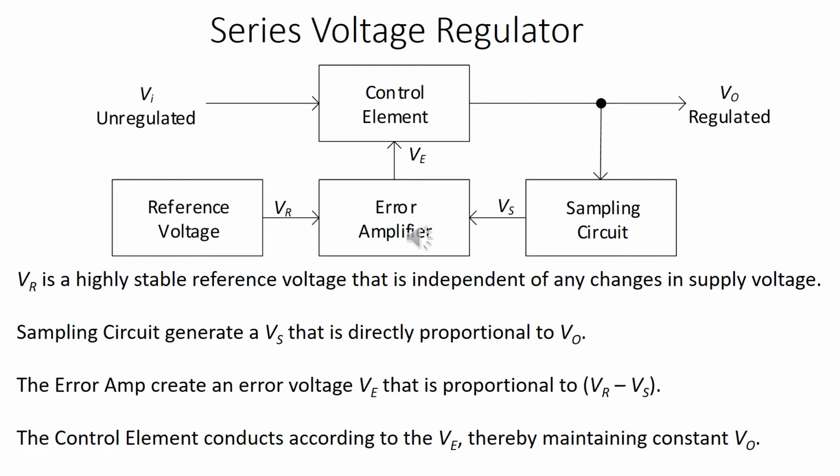Let us come back to the block diagram. The input to the block diagram is Vi unregulated and the output is V0 regulated. In between there is a control element. The conductivity of the control element depends on an error voltage VE coming from the error amplifier.